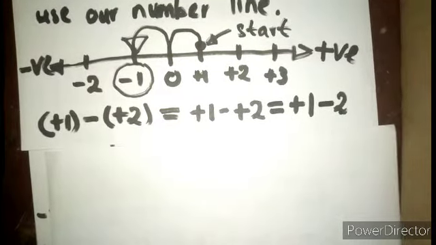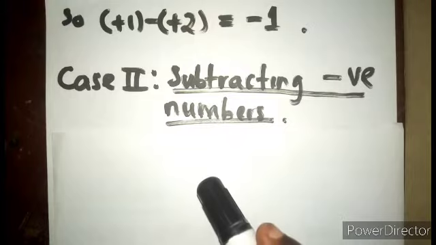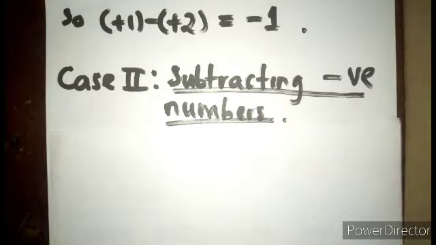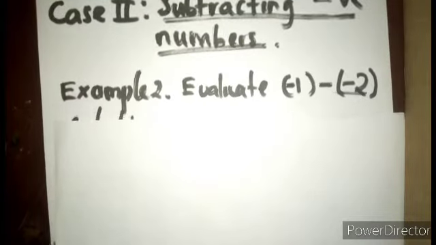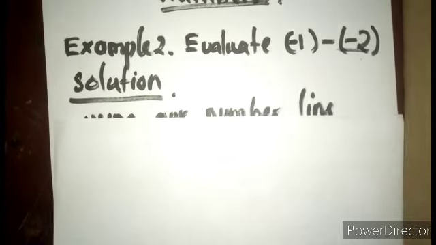Now, the next case we are looking at, case 2, is when you take the difference between two negative numbers. Consider the example below. You have to evaluate negative 1 minus negative 2.